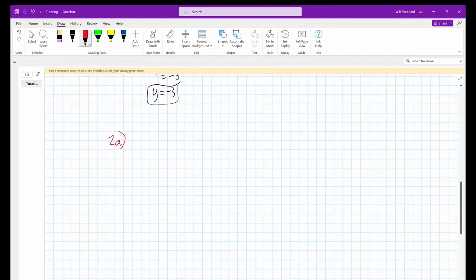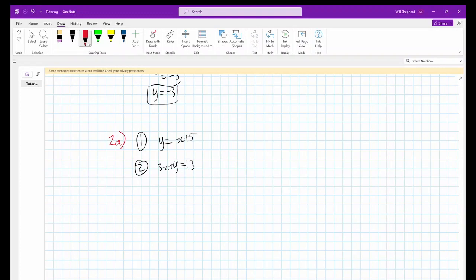In question 2a, we have the equations. The first equation is y equals x plus 5, and the second equation is 3x plus y equals 13.